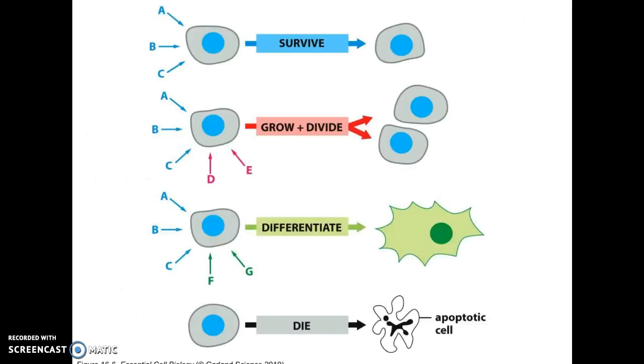And then another way that we increase the number of effects is by having multiple signaling pathways, and then having an integration of these pathways.